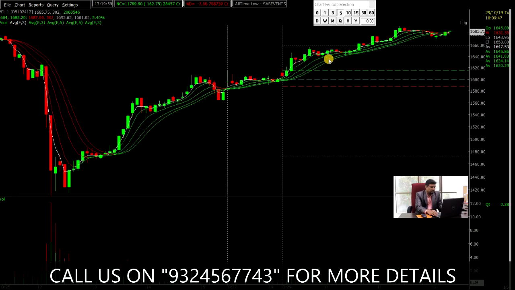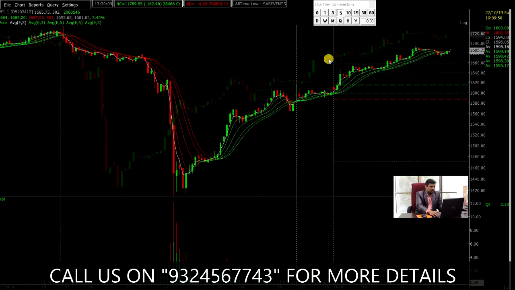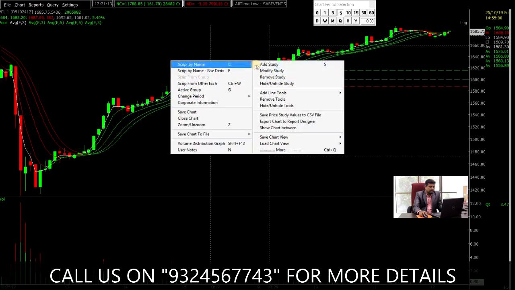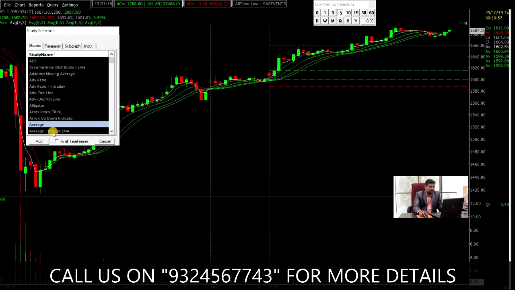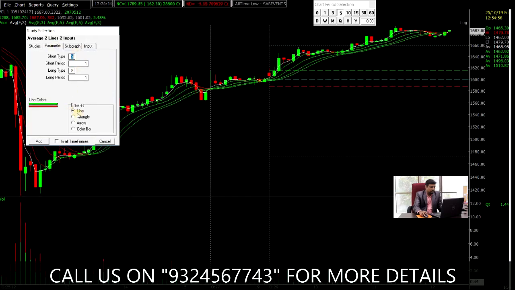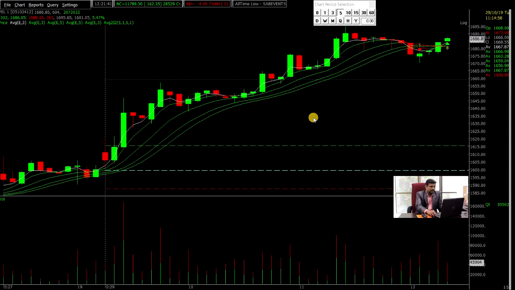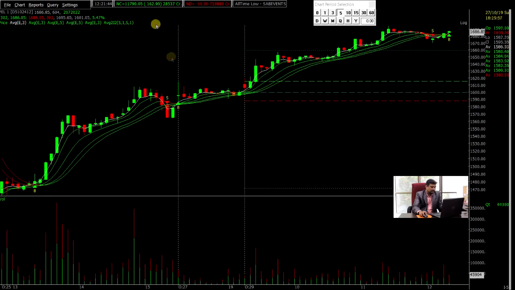Now, whenever I am searching the stock with a buy signal or entry signal, I need certain indication on the chart. For that, I am adding one more tool, by which I can easily identify where is my entry signal and where is my exit signal.